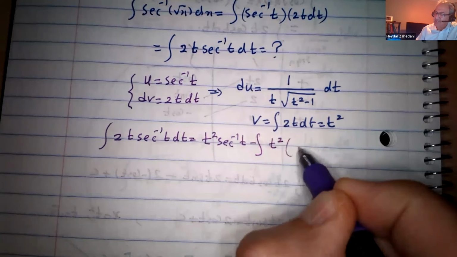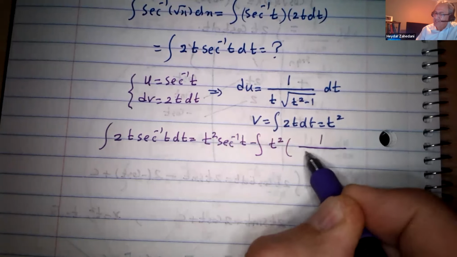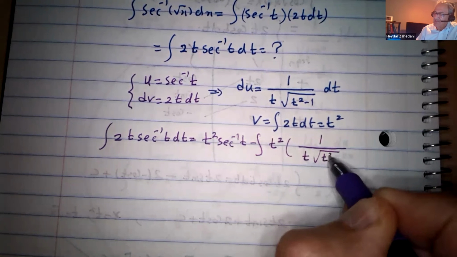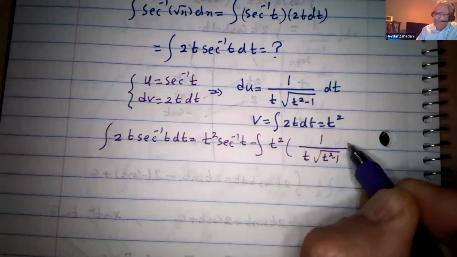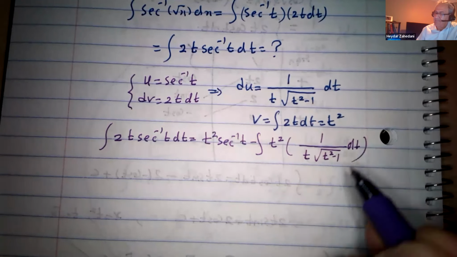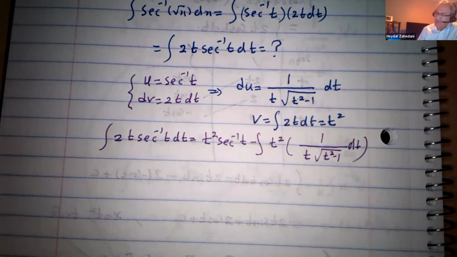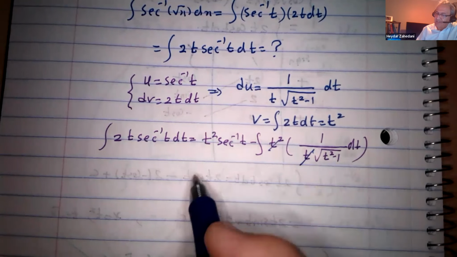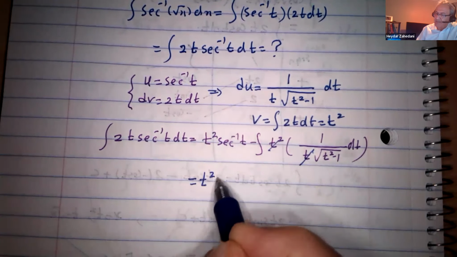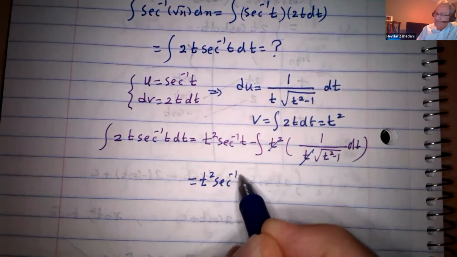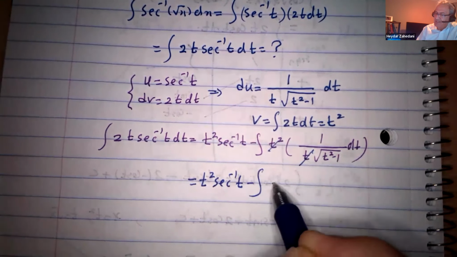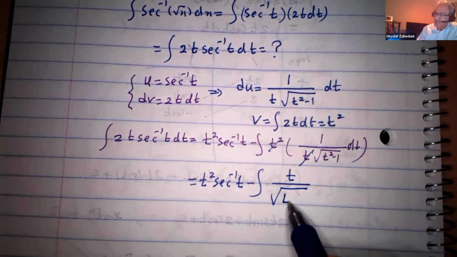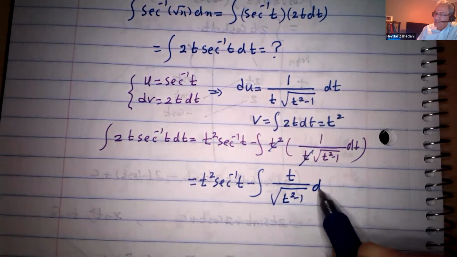What is du? 1 over t square root of t squared minus 1 dt. That gives a chance to simplify these two, and you get an integral like the one we did before. So it's going to be t squared secant inverse of t minus the integral of t over the square root of t squared minus 1 dt.